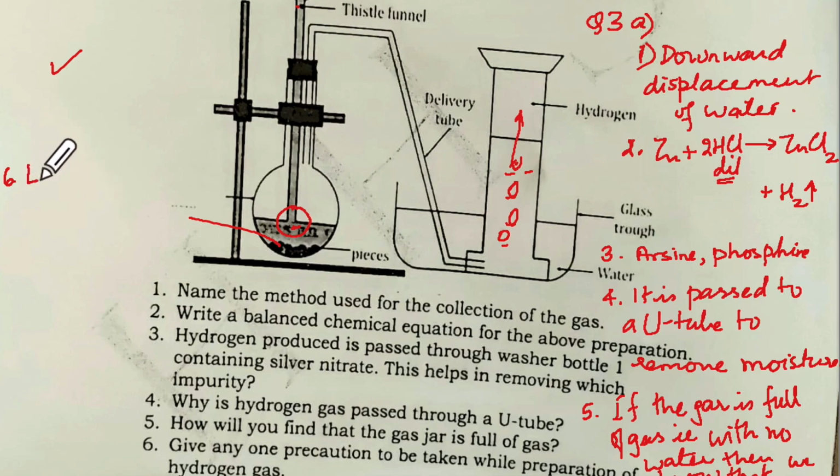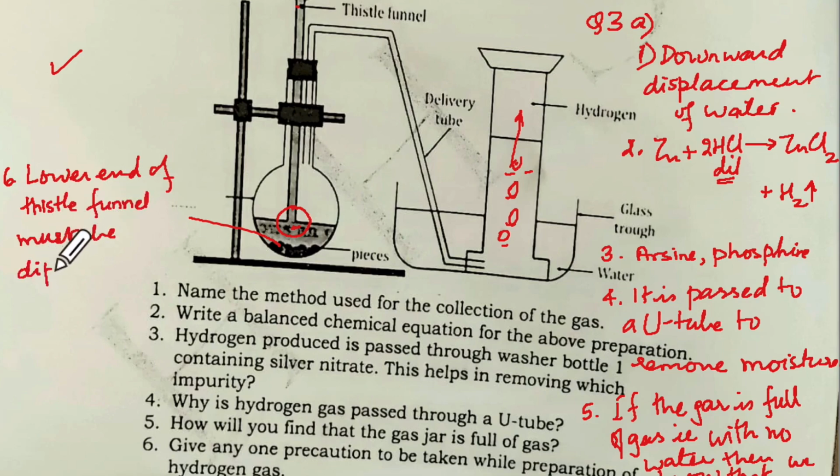So you'll say the lower end of the thistle funnel must be dipped in dilute HCl, so that the gas will go only through the delivery tube here. It should not go from here.